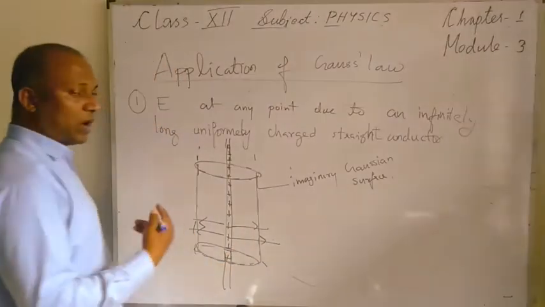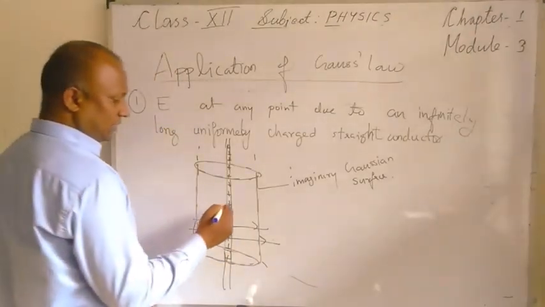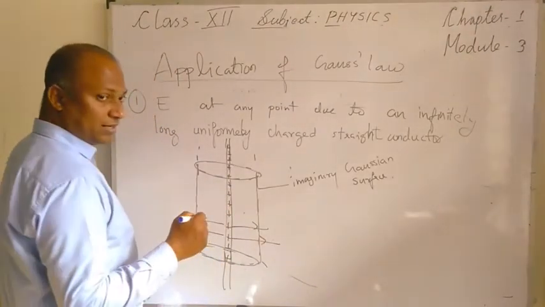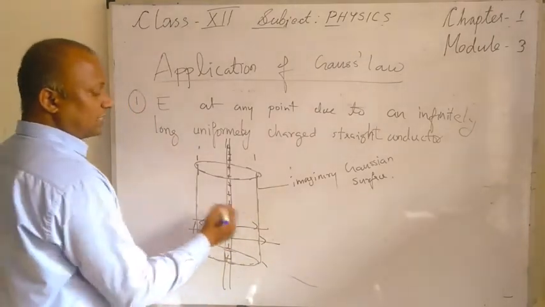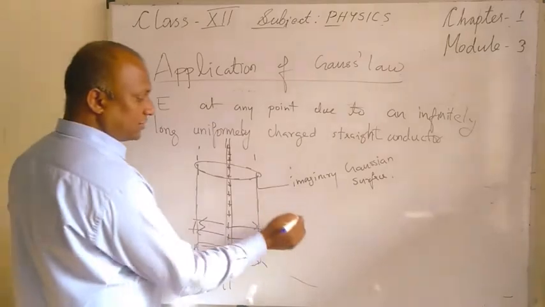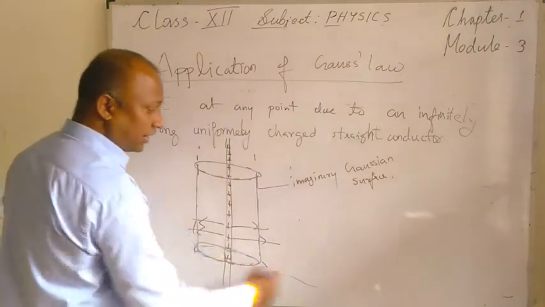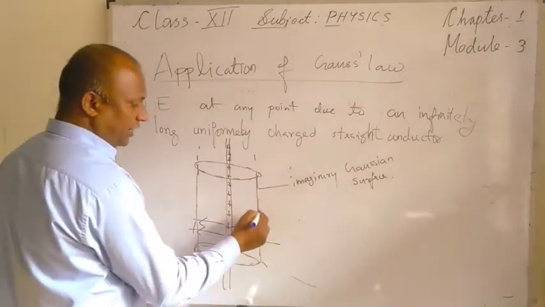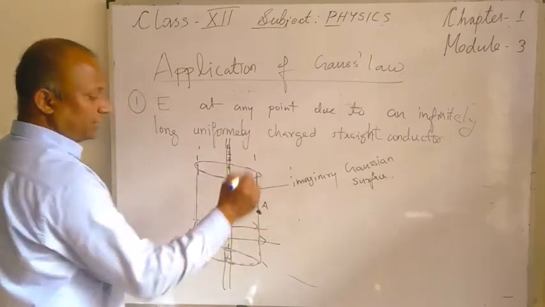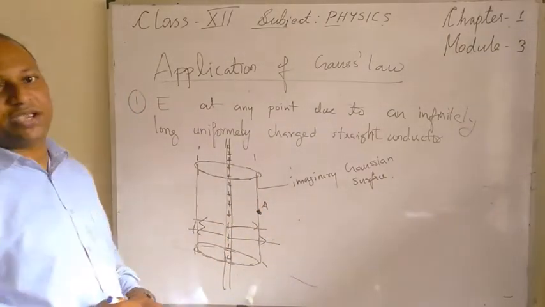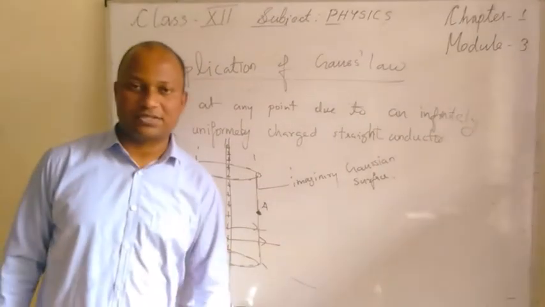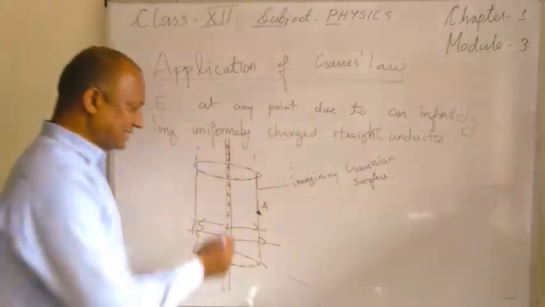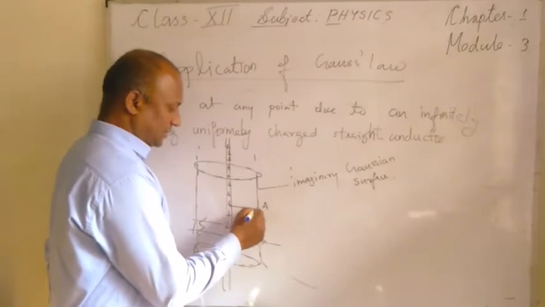If you want to find the electric field at this point, then you have to go for a small radius cylinder. If you want to find it at this point, then a bigger radius cylinder. But I'm going to find it at this point, so I have made a suitable Gaussian surface, because the distance must be this only.